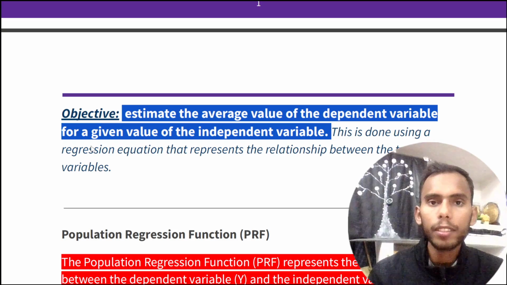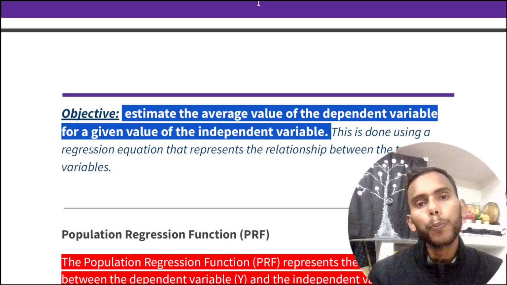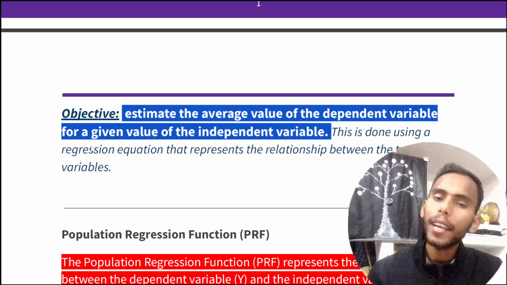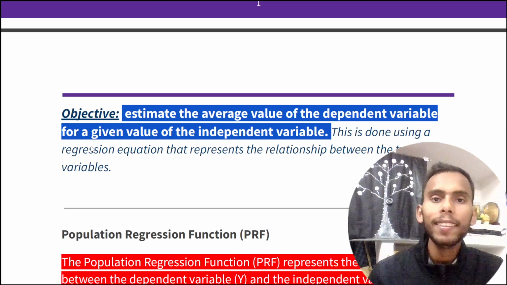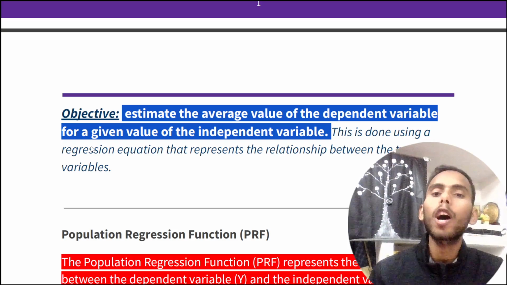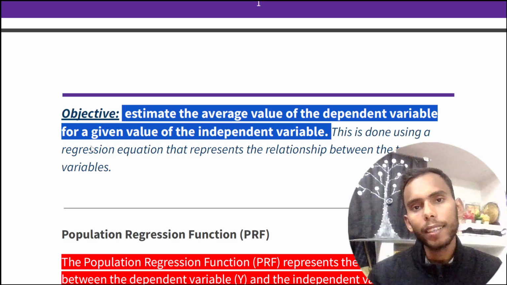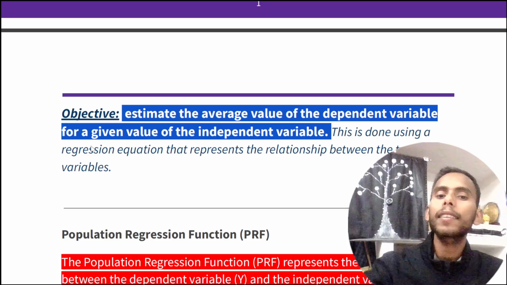As we have discussed before, the original meaning of regression was moving towards the mean. But in the modern approach, we try to understand the relationship between two variables, where we estimate the average value of a dependent variable for a given independent variable, right? Here we also need to understand the population regression function.